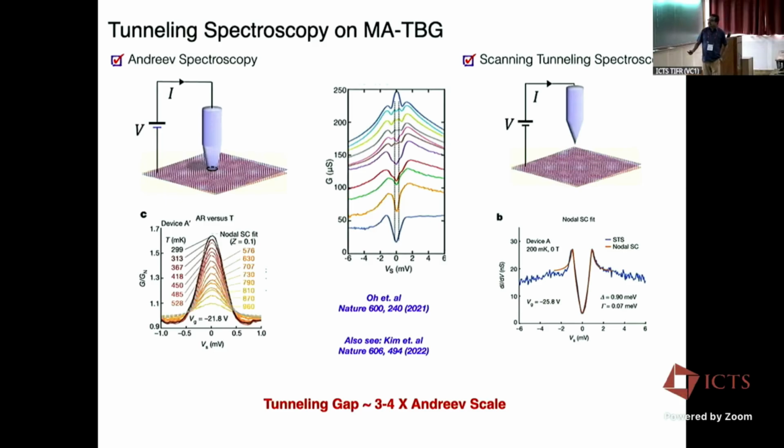Here is the data. You basically see a V-shaped gap, then a superconducting coherence peak, and then something that goes to some high bias conductance. This, of course, is typical behavior of maybe a nodal superconductor.